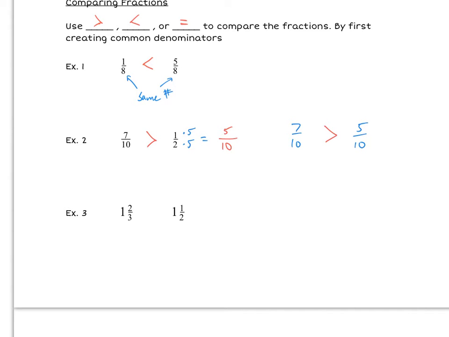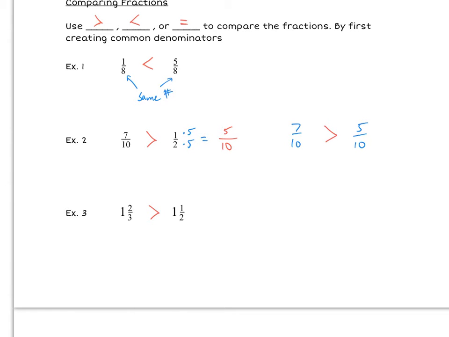This next one you probably know. 2/3 and 1/2. What's bigger, 1 and 2/3 or 1 and 1/2? Because the whole number is the same, always look at the whole number first. It's 1 and 1. So then we go to the fraction. Now 2/3 is bigger. But if you weren't sure, you would make common denominators.